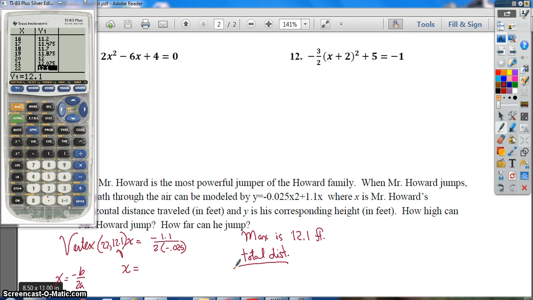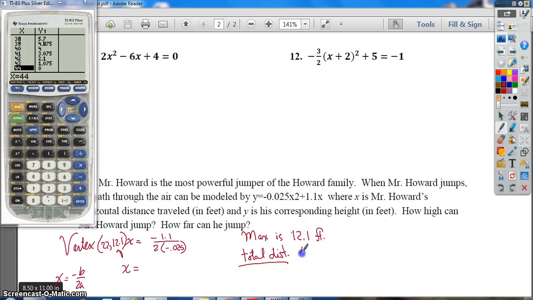Total distance. Okay, think about where your intersections are. Let's go back to the 0 mark. At 0, 0, he left Earth. And then that 22 feet traveled is halfway. That means that at 44 should be 0. So how far did he travel?